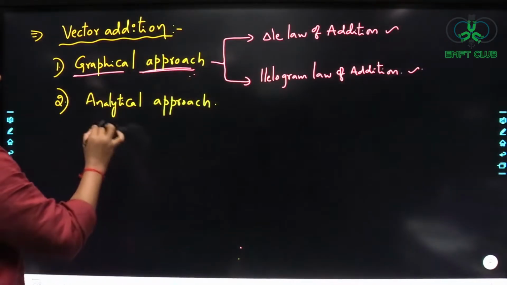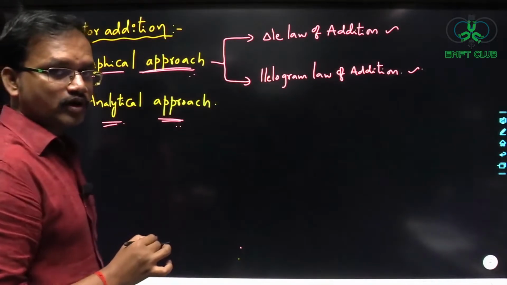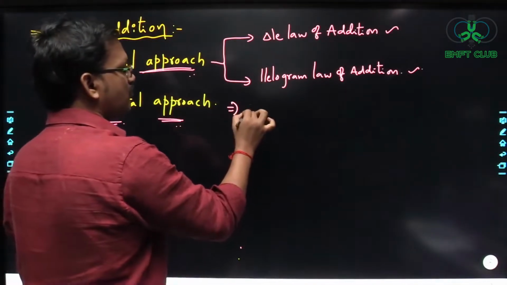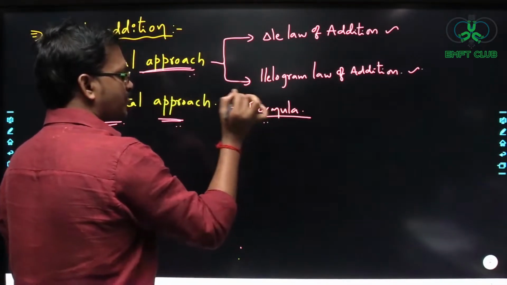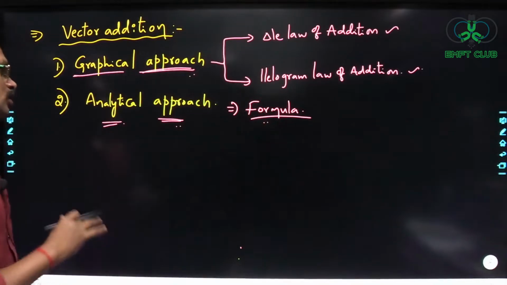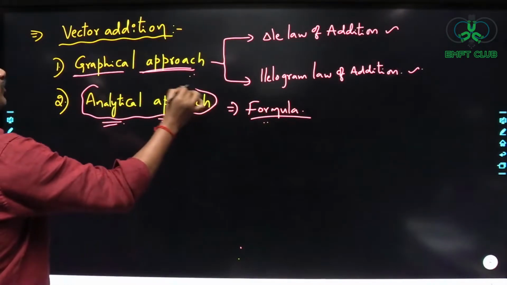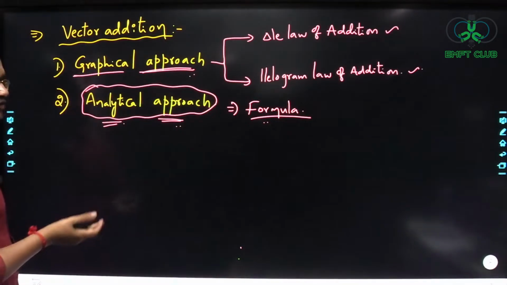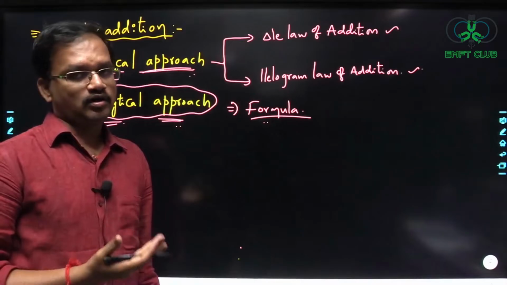Analytical approach means we are going to add the two vectors with the help of a formula. So we are going to develop the formula in order to add the two vector quantities. So by applying the formula, if you add two vectors, we call it the analytical approach, and if you add the two vectors with the help of a graph, we call it the graphical approach.